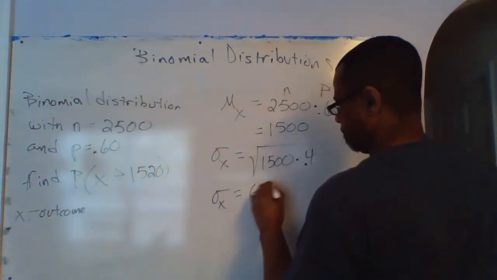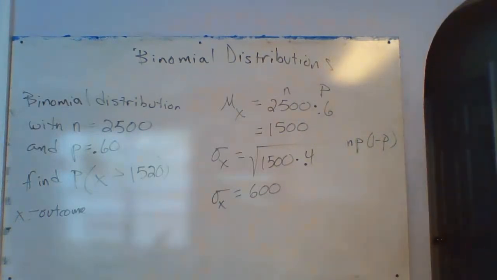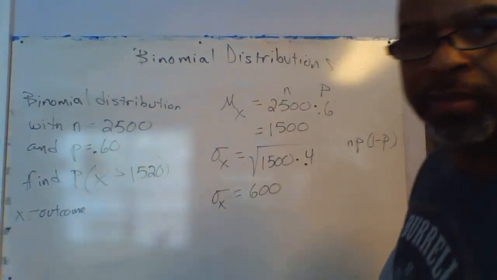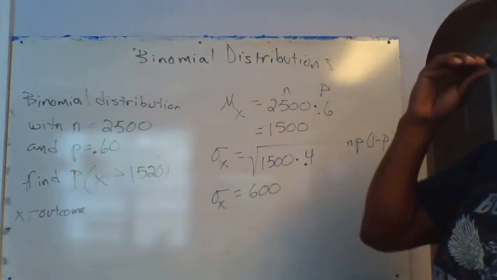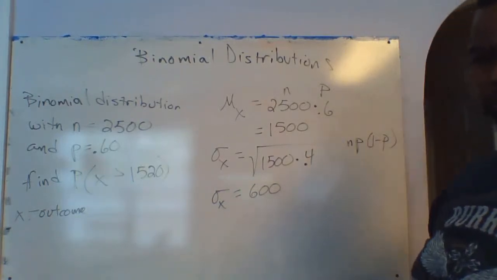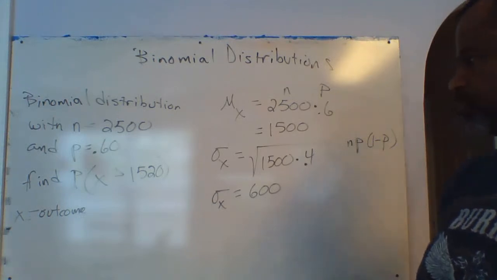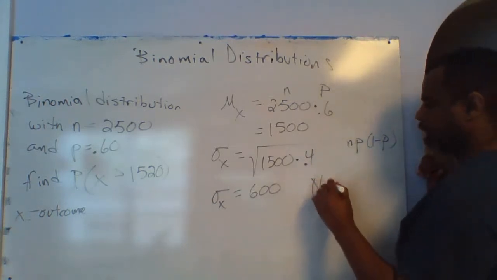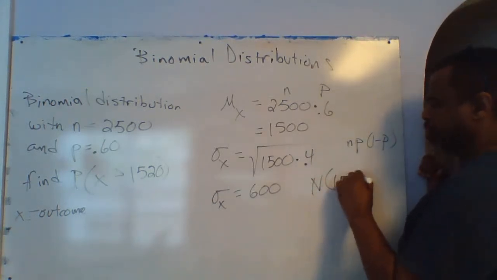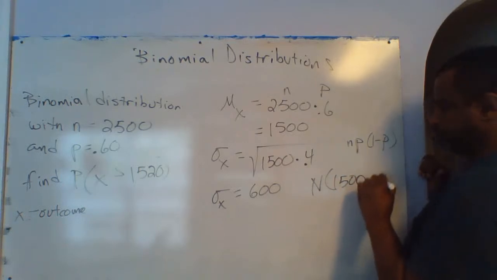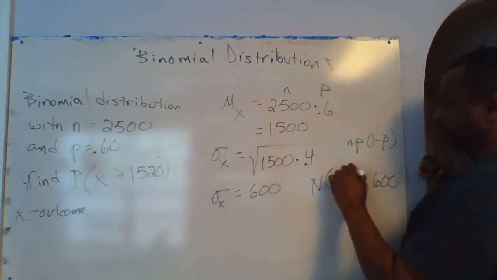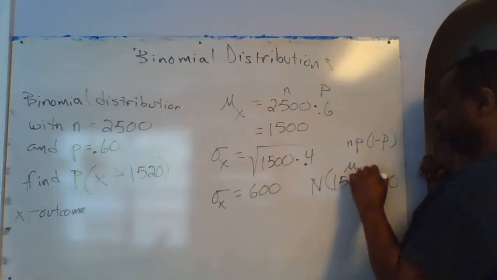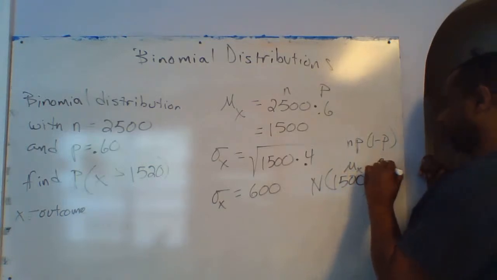All right, we're good? So now we have 1,500 and 600, mean and standard deviation.